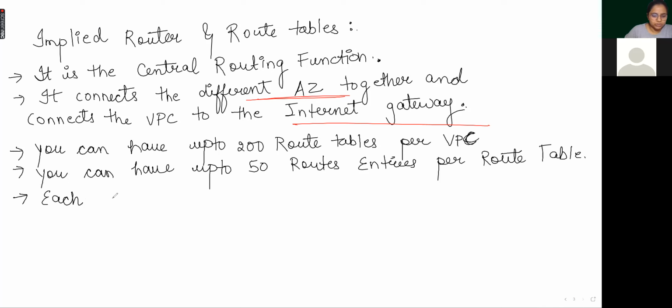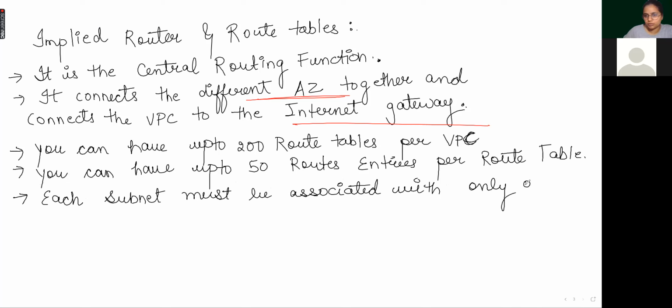The next, each subnet must be associated with only one route table.